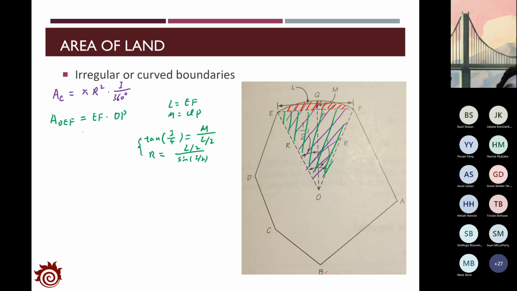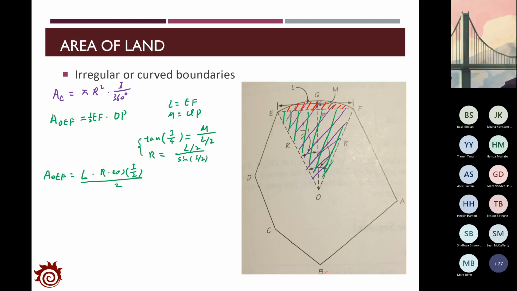EF is L, the length of the straight line EF, and OP equals R times cosine half I.